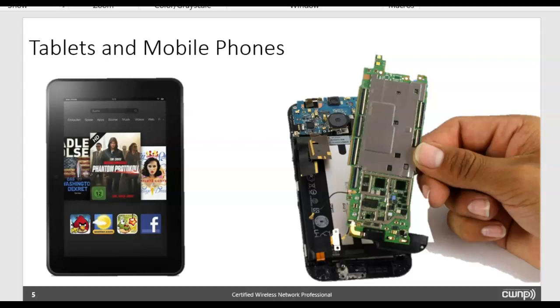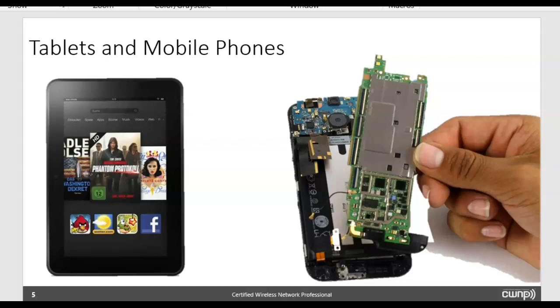You have to go to the lowest common denominator, so you would slow down the network altogether. Most tablets, as far as operating systems, you've got Apple's iOS and you've got Android's operating systems. There may be a few Microsoft Windows phones out there, but for the most part, you're going to see the iOS and the Android phones being the most likely.